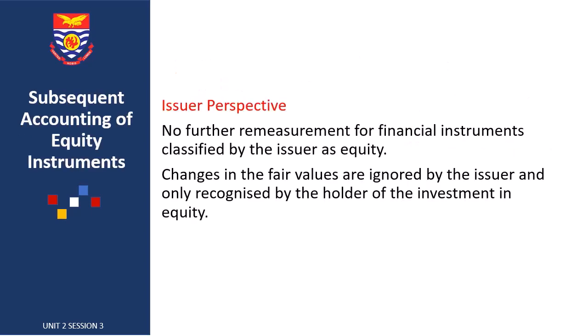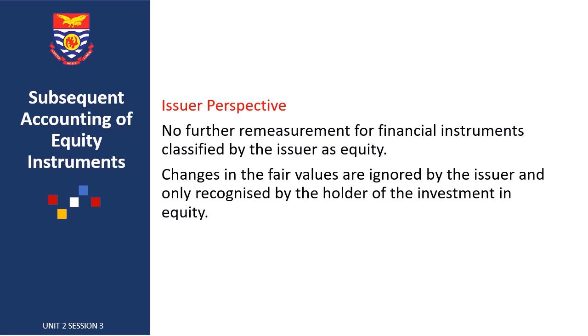As part of our objectives, we want to look at the subsequent accounting of equity instruments from the issuer perspective, on the entity that issued the shares. So what is the subsequent measurement? We know that the initial measurement is at fair value. But what is the subsequent measurement when we are looking at the issuer?